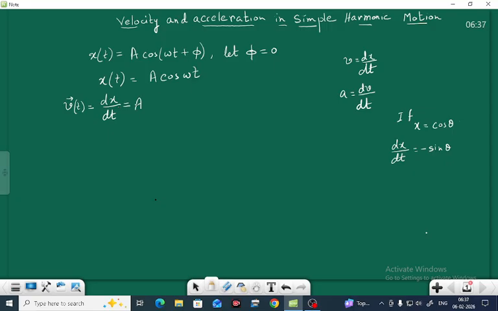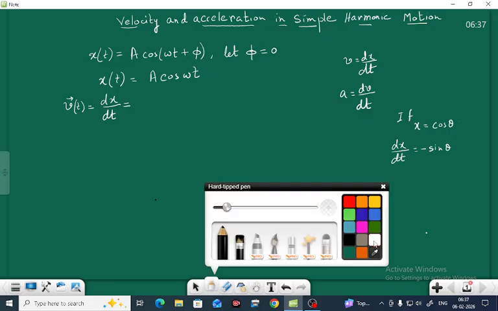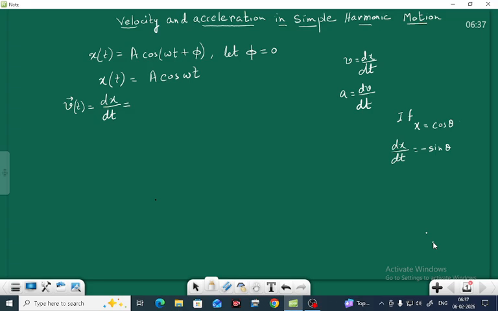So the differentiation of A cos omega t can be written as minus A times sin omega t, and you see this omega is multiplied with t, so another omega will come.